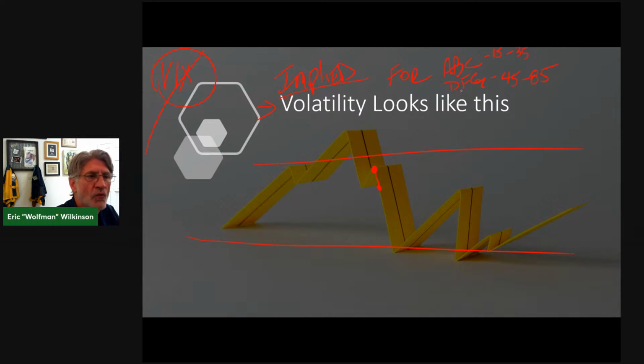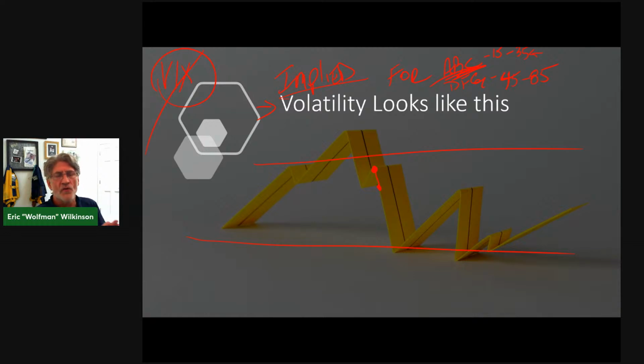So when implied volatility is around 35 for ABC, that means volatility is extremely high for ABC. It's at the high end of the range. Whereas if DFG went down to 45, which is higher than ABC's 35, that would be extremely low for DFG.